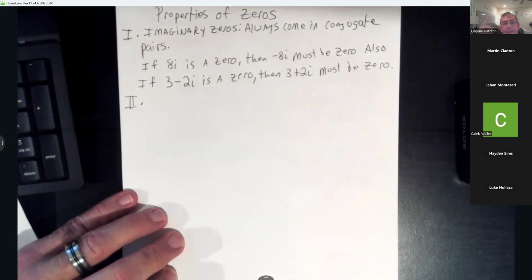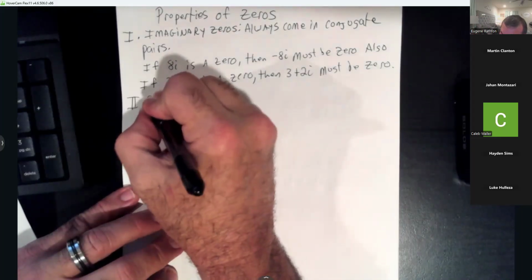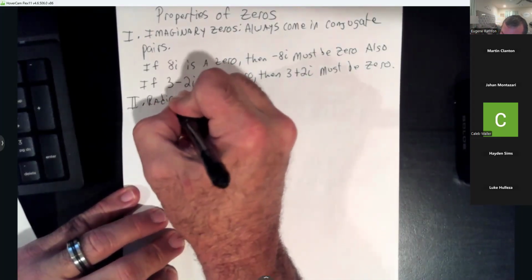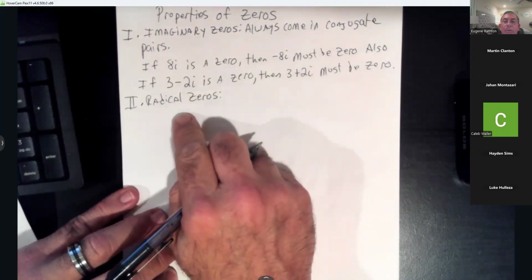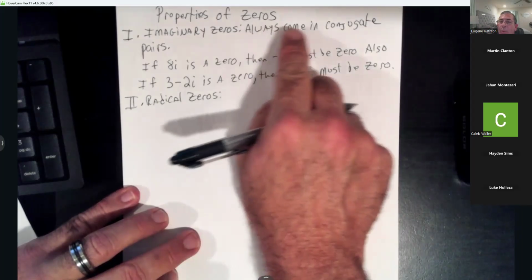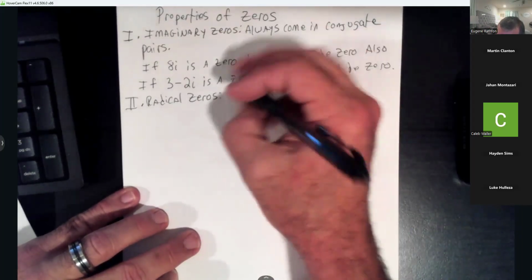All right, also, the second property deals with the radical zeros. Those are your square roots. And guess what? They always come in conjugate pairs just like imaginary.